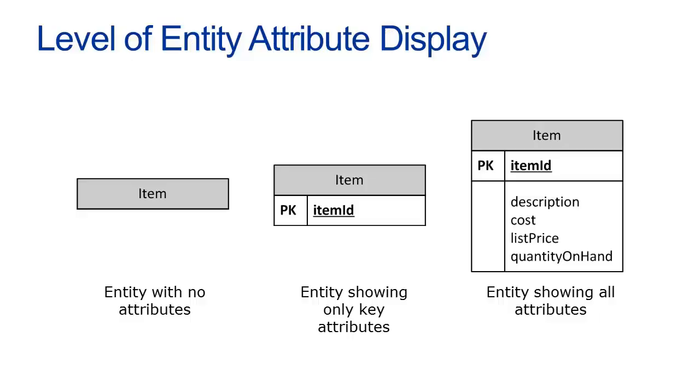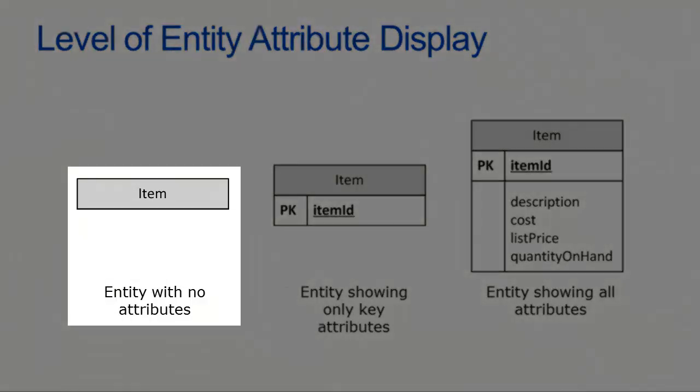Before we continue our exploration of entity relationship models, I think at this point it would be a good idea to provide examples of different ways in which entities might be represented in an entity relationship diagram. The simplest way of representing an entity is just to use a rectangle which contains the name of the entity.